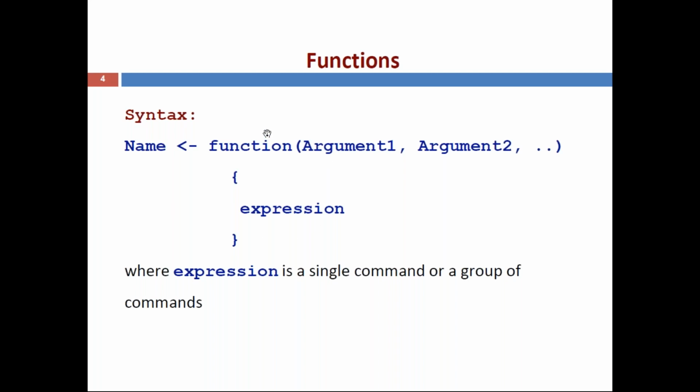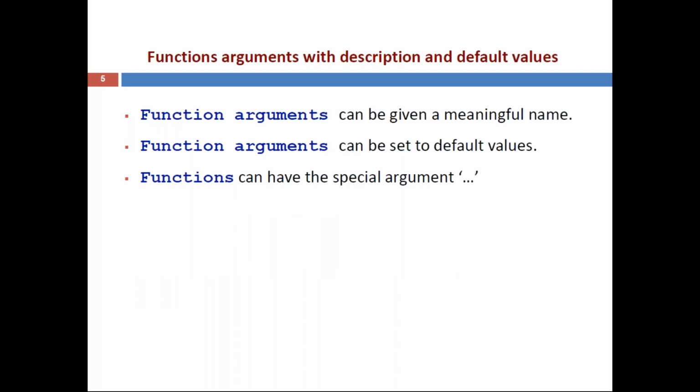Now this entire function value can be stored by using a name. Whatever name you use here, in that name the entire function is stored. So that is the syntax of creating a function using R software. Then coming to function arguments with description and default values.